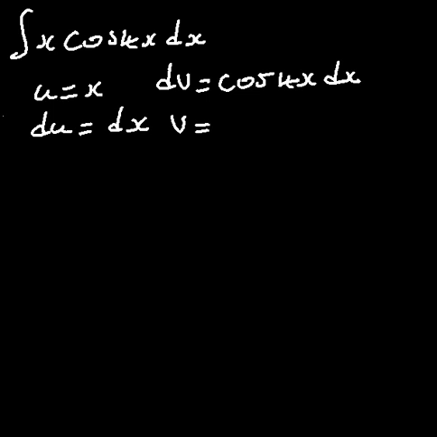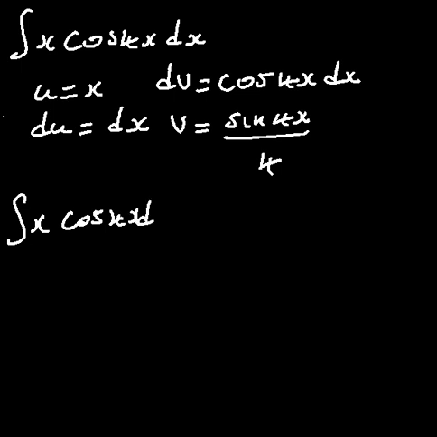In this case we're going to use the chain rule of integration. We'll have the integral of cos, which is sine 4x, divided by the derivative of the inner function, which is 4. Then using the formula for integration by parts, we have uv, which is x sin 4x divided by 4, minus the integral of v du.